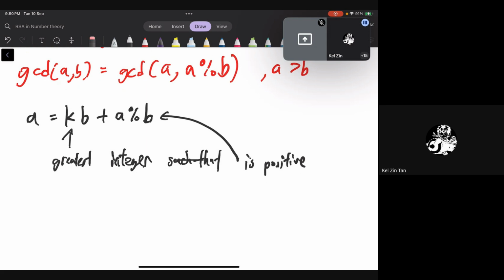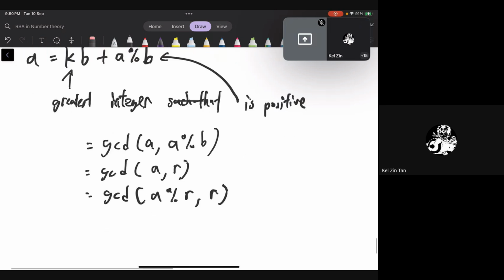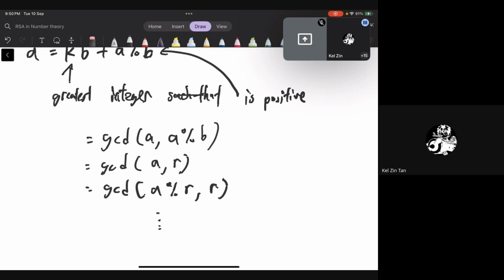Because we are taking the remainder, we are taking modulo with each other. So we can repeat this process after we get the GCD of A and A modulo B. I let this become the GCD of A and R. Then we repeat this process with the GCD of A modulo R and R, and so on. So just keep reducing each other until one of them becomes 0 or one of them becomes 1.